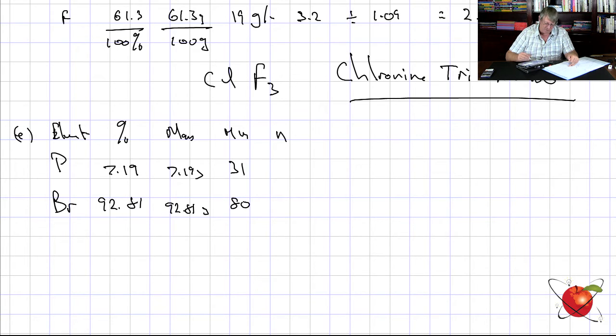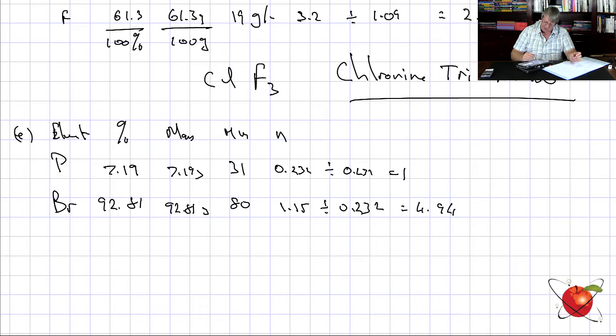So therefore the number of moles is 0.232 and here is 1.15. Divide by the smallest one to get 1. Divide by 0.232, and it becomes 4.94. Therefore, what have we got? We've got P is 1 and Br 5. And no, we don't generally write a 1, do we? Okay? All right.